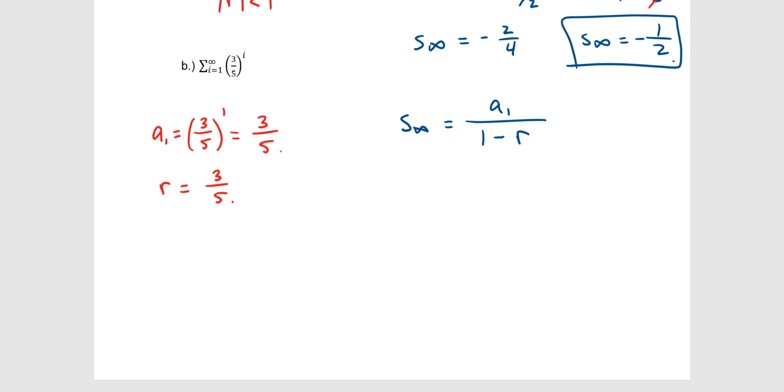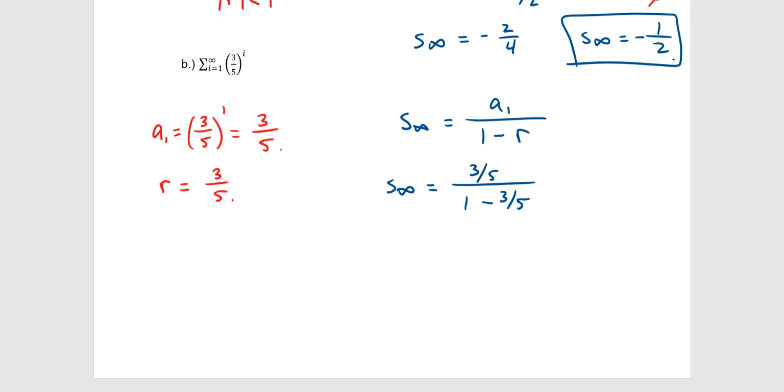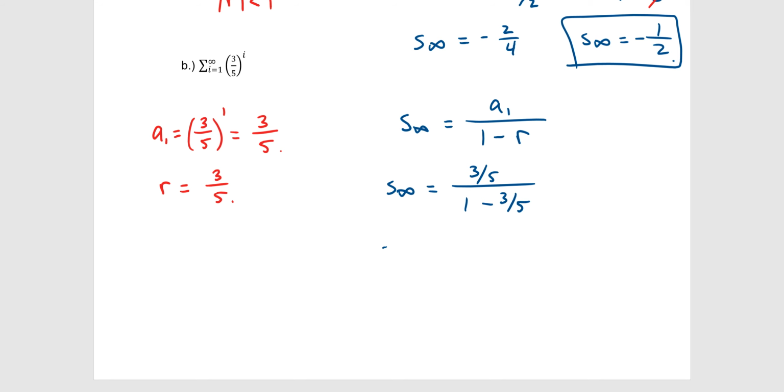Let's go ahead and plug it in. We get the sum is going to be 3/5 divided by 1 minus 3/5. And let's go ahead and simplify it. We get 3/5 divided by, getting a common denominator in the big denominator, 5/5 minus 3/5, which is 2/5.